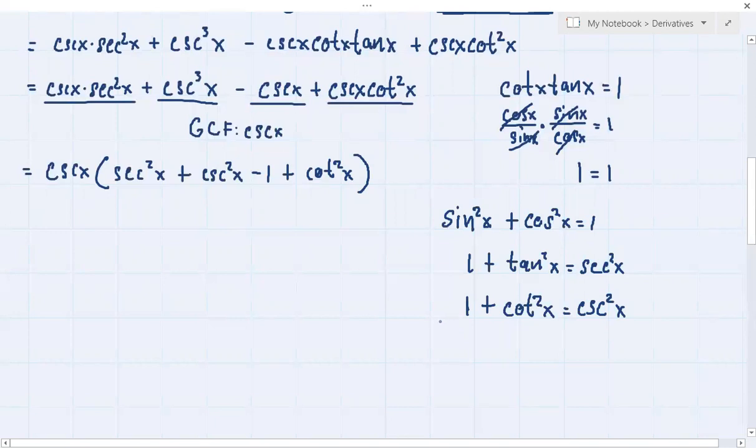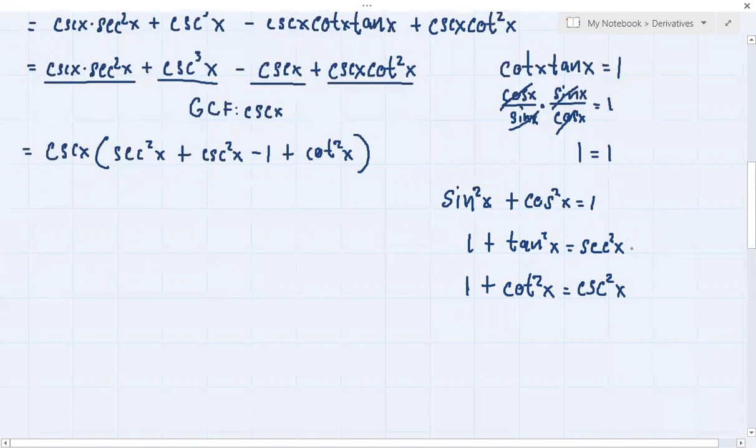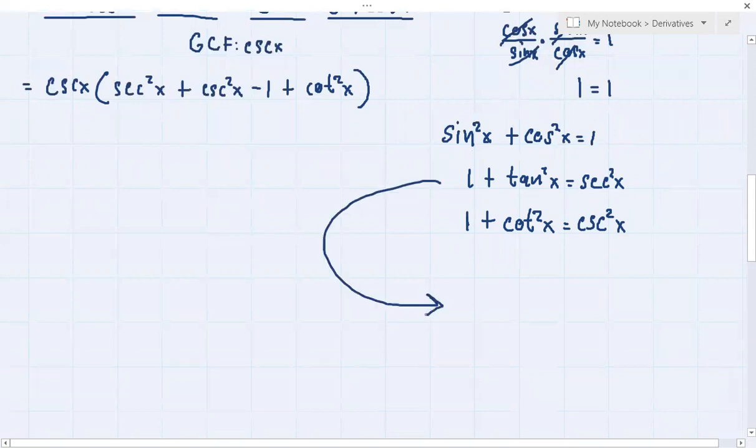Now, what happens if we transpose 1 to the right side? In the expression 1 plus tangent squared x is equal to secant squared x, what happens if I transpose 1 to the right side? This would be tangent squared x is equal to secant squared x minus 1.